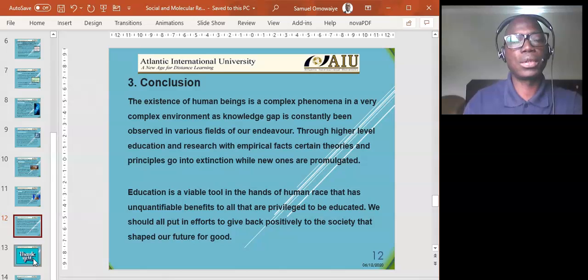Having discussed all these topics, my take, which I'm going to conclude with, is that the existence of human beings is a complex phenomenon in very complex environments, as knowledge gaps are constantly being observed in various fields of our endeavor. Through higher level education and research with empirical facts, certain theories and principles go into extinction while new ones are promulgated.